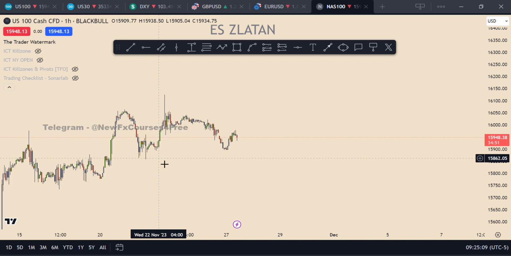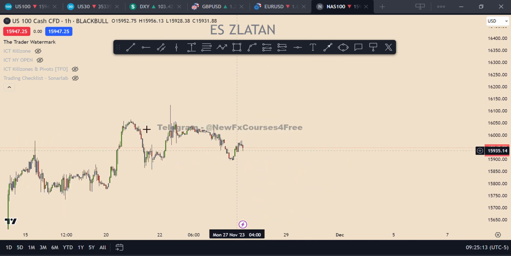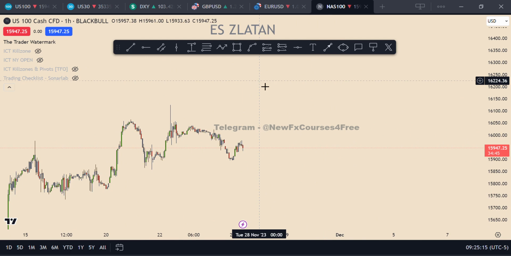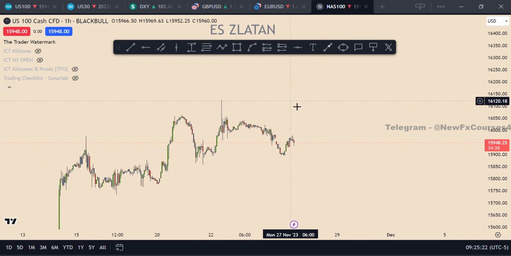Trust me. So first of all, I want to go through the price action model. Now, the price action model is literally using the naked chart. You don't need any indicator, nothing.